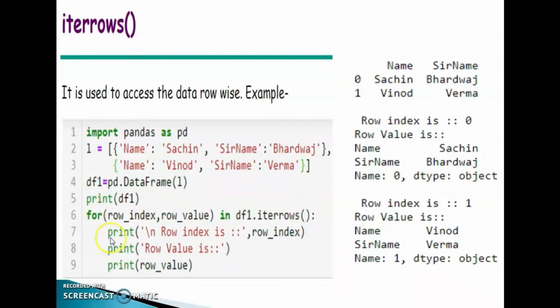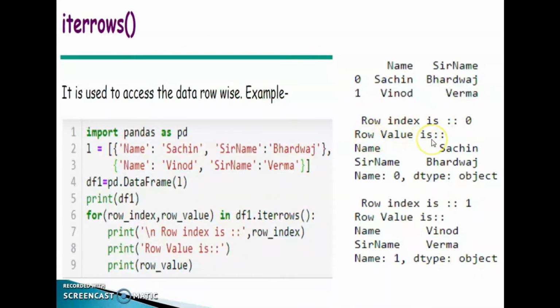Next statement, after indentation we use the print statement. Print row index is row index. Print row value is row value. The row index variable will store the index values, and the row value variable will store the values. Check this one. Row index is 0.